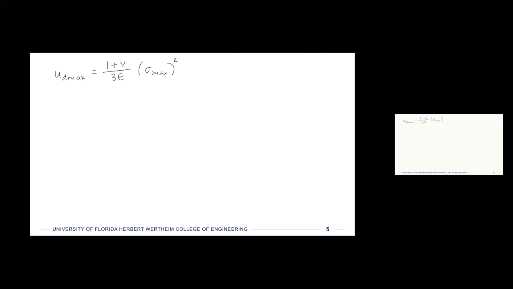And if you recall in our Goodman, or modified Goodman, we had sigma max, sigma mean, and sigma min, and then we also had the yield point and ultimate stress. So we had these three. We don't have distortion energy in there, so we have to translate back from this into a stress. So we're going to solve for sigma max.